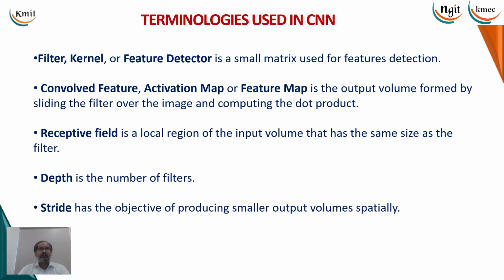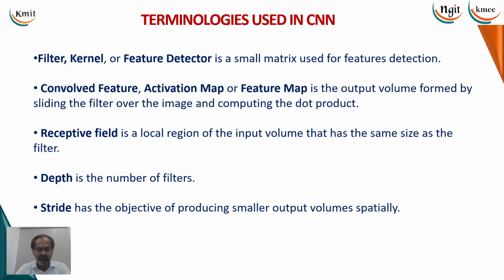And the terminologies. Before going into the concepts, we have to concentrate on the terminologies used. In the convolutional neural network, the first point is the filter, also called the kernel or the feature detector. The filter is a small two-dimensional matrix which can analyze the entire image.